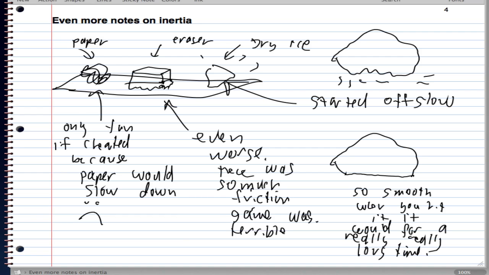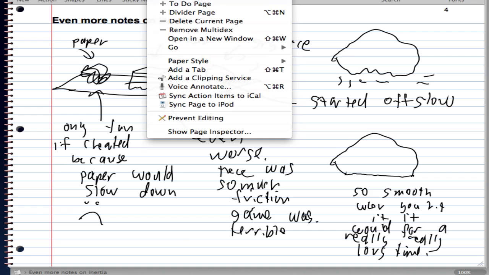Why would I mention something like this? The reason is this is exactly the experiment that Galileo Galilei did when he was talking about his idea that we've now come to know as inertia.